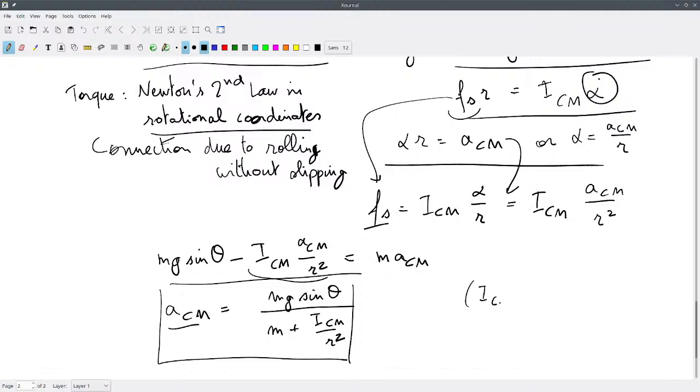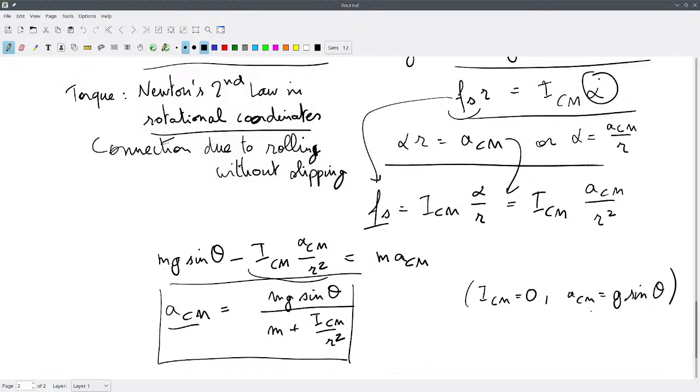Notice that if ICM is equal to 0, which is essentially just a massless particle rolling down the inclined plane, then we just get ACM is g times sine theta, which is the expression that we actually obtained for just sliding down an inclined plane, because there's no difference between an extensionless object rolling and an extensionless object sliding frictionlessly.